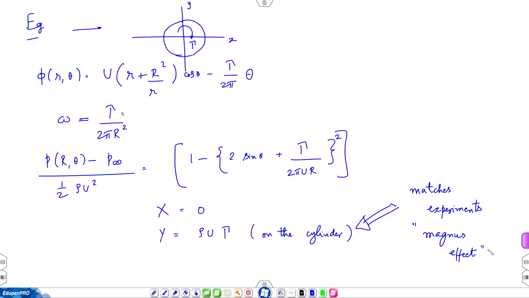So, the natural question to ask is, why is potential theory incorrect in the prediction of drag, which is X equal to 0?